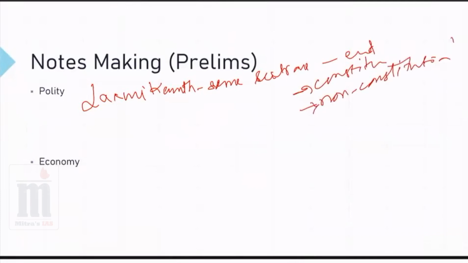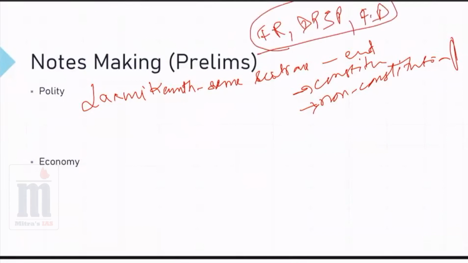You can prepare their notes, but it is very difficult to make notes of fundamental rights, DPSP, fundamental duties. Making notes for these is difficult. So I just prepared some sections from Lakshmikant.